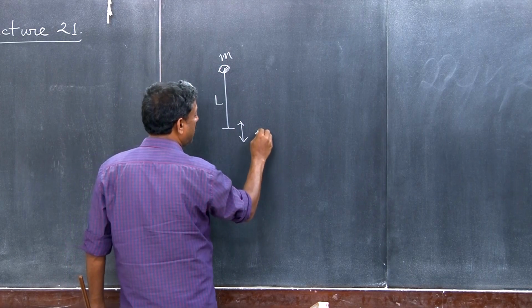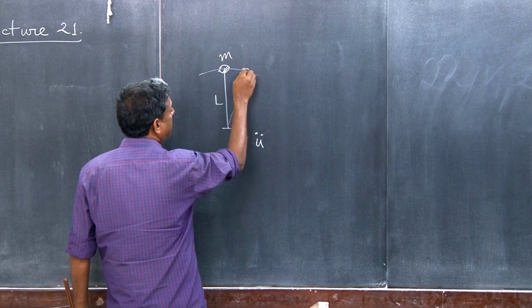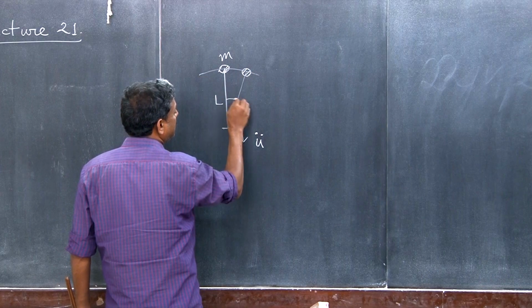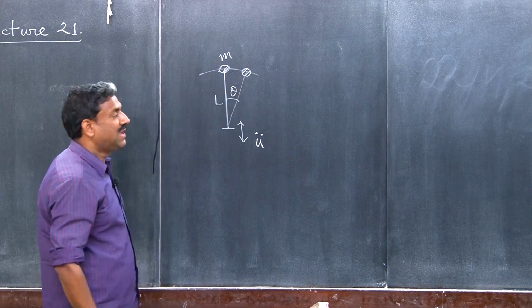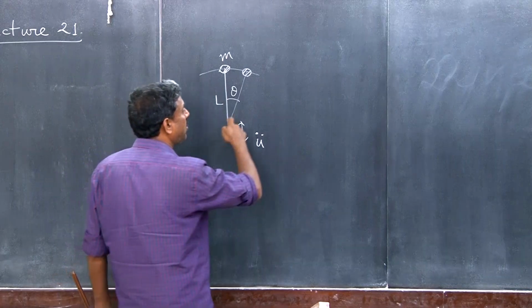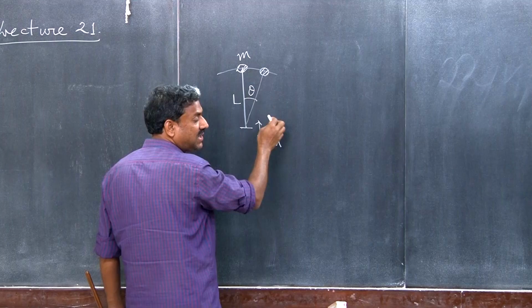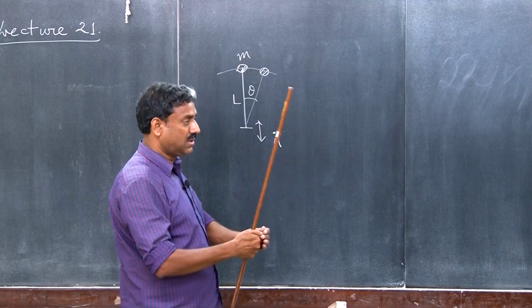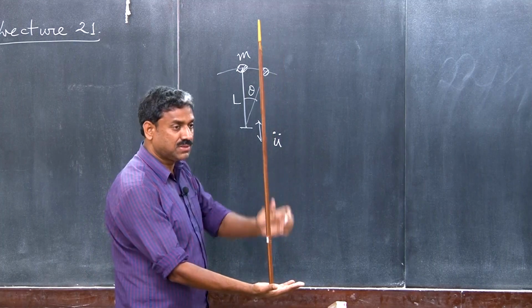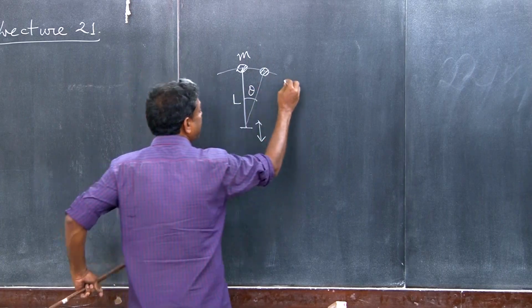So U double dot, and the degree of freedom when we solved it mathematically was theta, and there were two frequencies in this system. One is the frequency of oscillation for the stick, because of its mass it is trying to fall, so that will have a frequency omega 0.